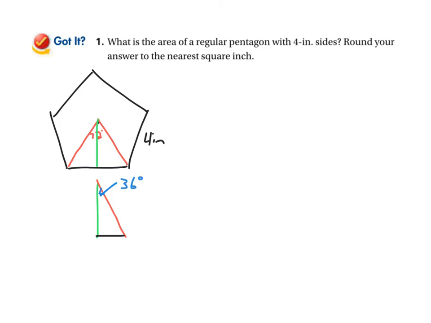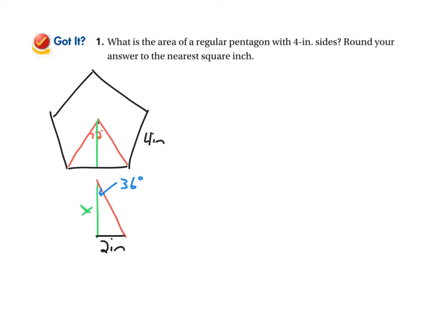And we no longer have an entire 4-inch side down here. We've got half of that, a 2-inch side. We're looking for this height right here, the apothem height. And you can see that there's a theme going on here. What are we using? We're using tangent, because we have the opposite side and we're looking for the adjacent side.